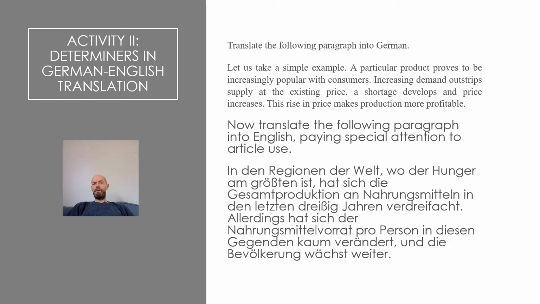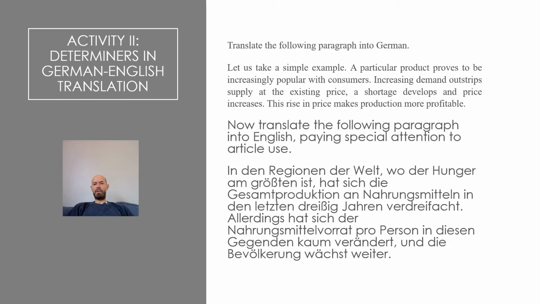A shortage develops. Es entwickelt sich eine Knappheit. And price increases, und der Preis steigt. Der Preis. We can't say Preis in German. This rise in price, dieser Preisanstieg, we can use a compound here in German.